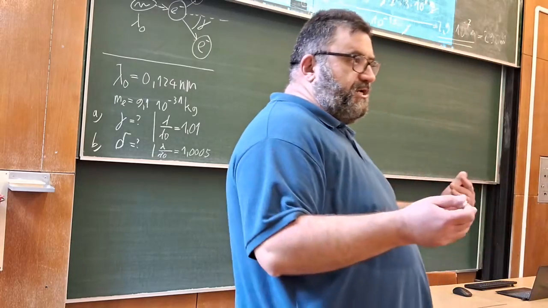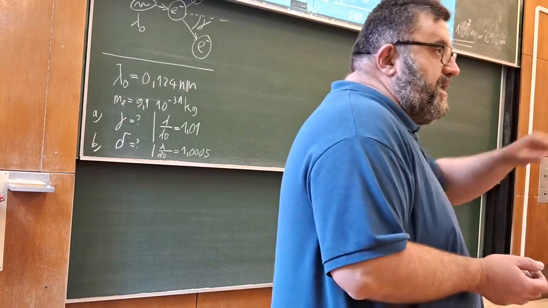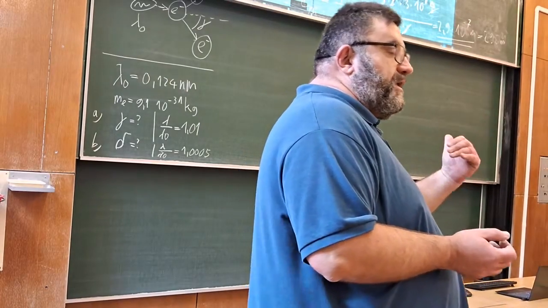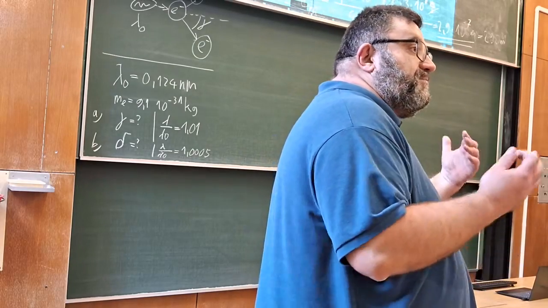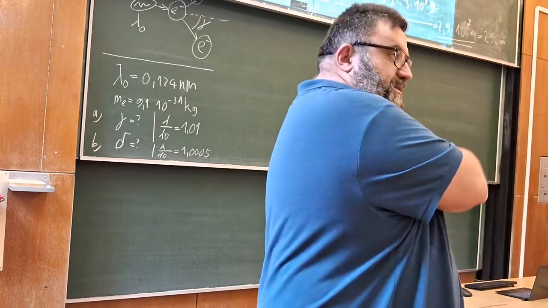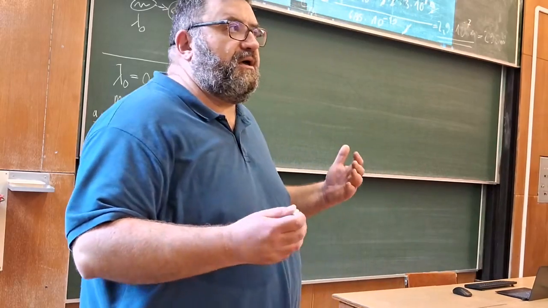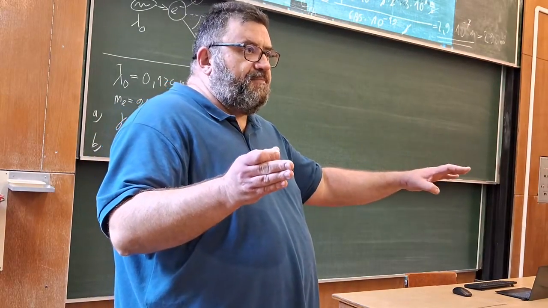Some part of the energy is given to the electron, so the electron leaves, and this changes the energy of the gamma photon, which means it changes its frequency or its wavelength. If the wavelength is higher, then the energy is lower.